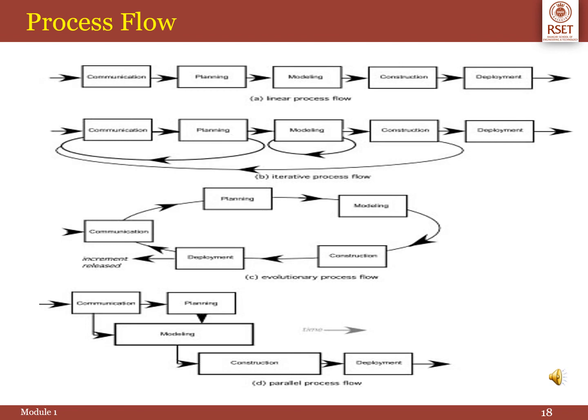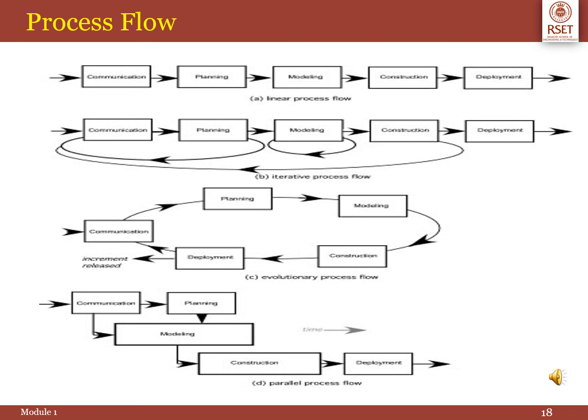Process flow. One important aspect of the software process is the process flow, which describes how the framework activities and the actions that occur within each framework activity are organized with respect to sequence, and it is illustrated in the figure given here. The first one is a linear process flow.